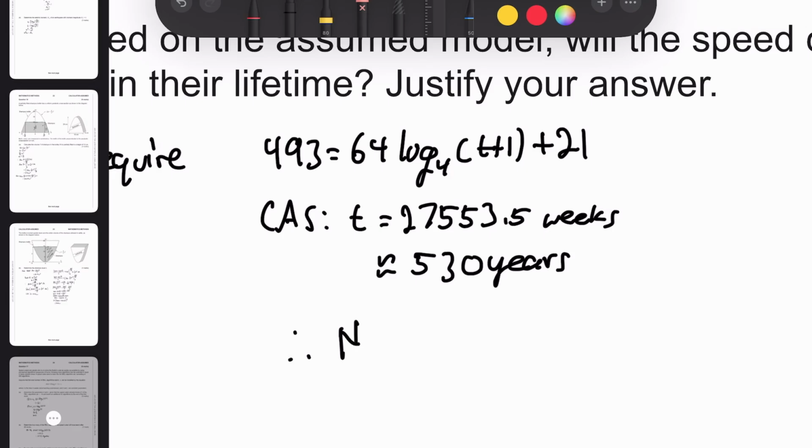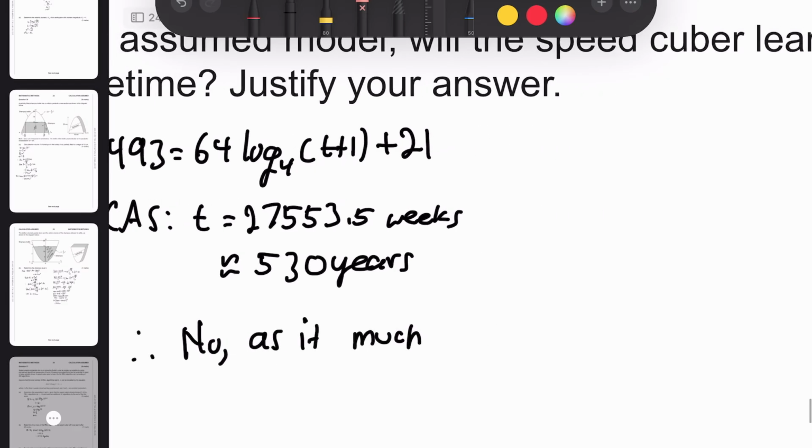So therefore no, as it goes well past expected human life.